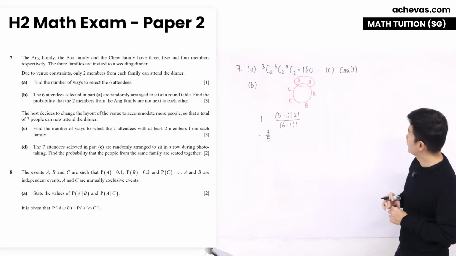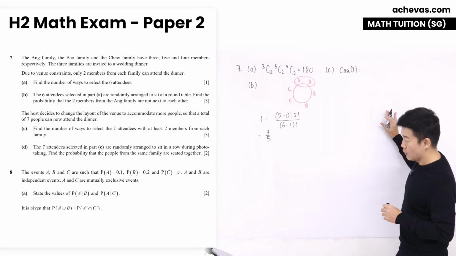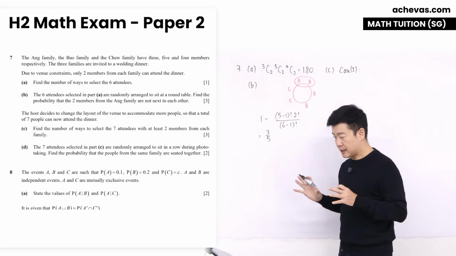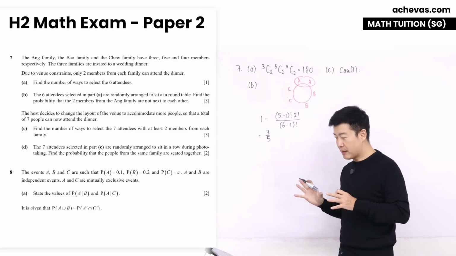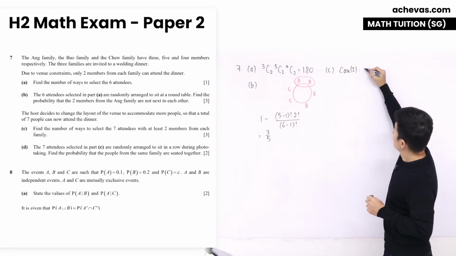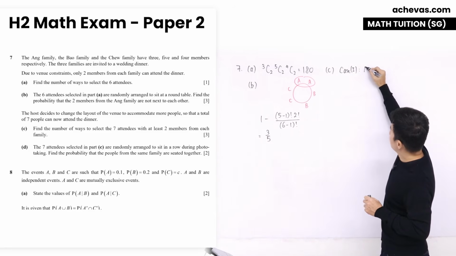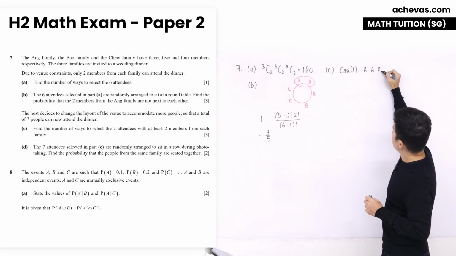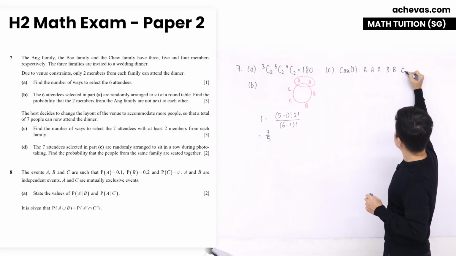different scenarios, 3 cases. The first scenario, where to ensure that there are at least 2 members from each of the family, we will go for the Ang family having 3, then the Bao family 2, then the Chu family 2.